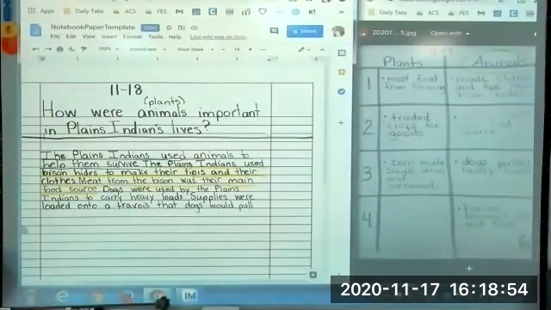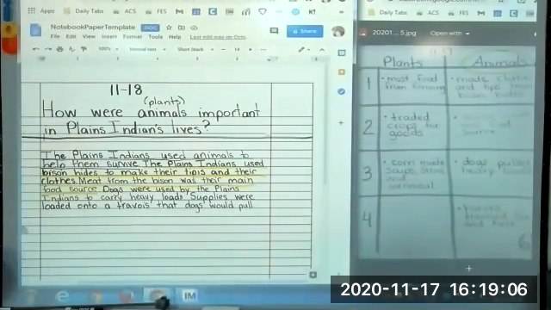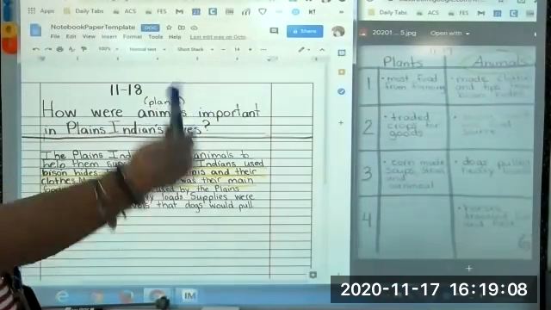Okay, so I explained it a little bit more. I gave more information. So this is my second piece of evidence. So what color should I underline this one? I should underline it in blue.